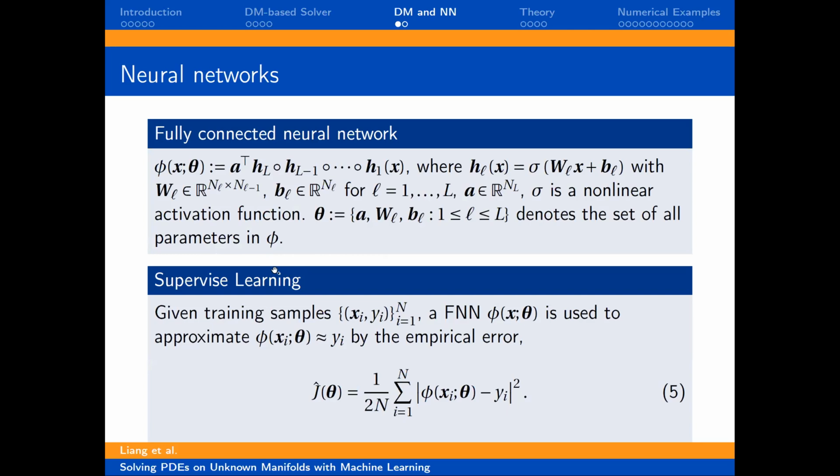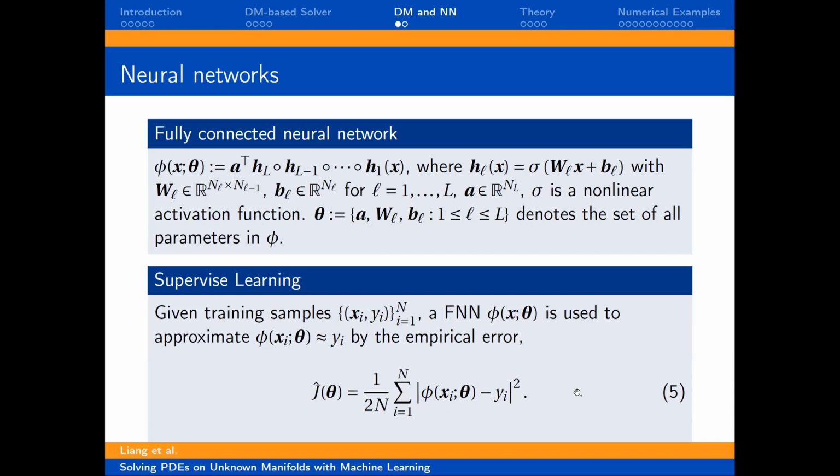In supervised learning, we want to approximate the mapping between the given training data points Si and Yi. That means we want to find a neural network phi, parameterized by theta, to approximate this. In general, we can use the empirical error defined with a mean square of this.